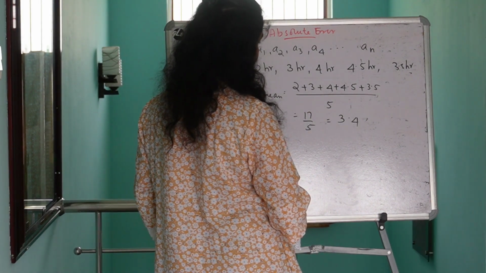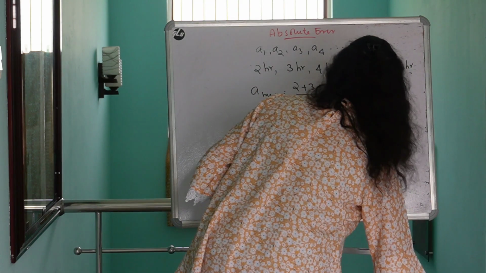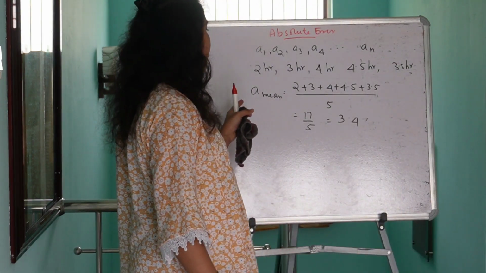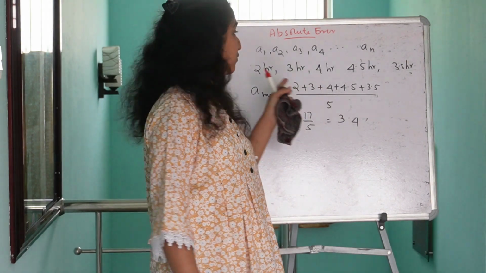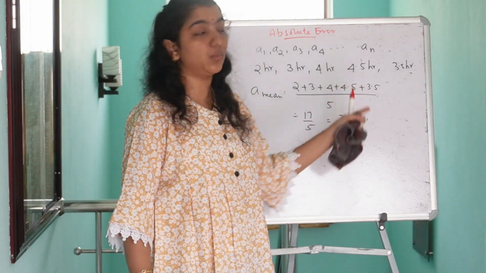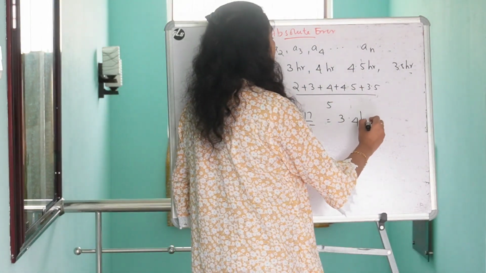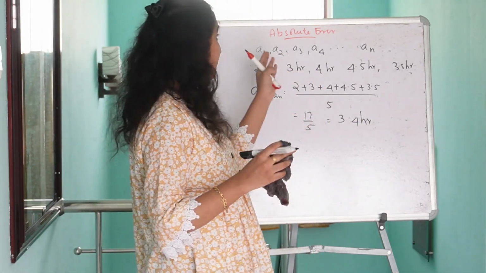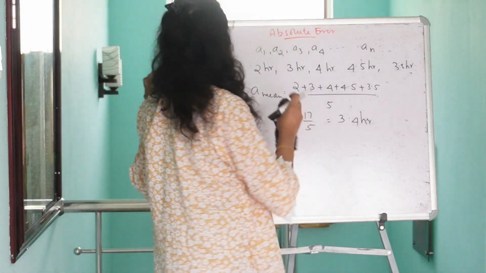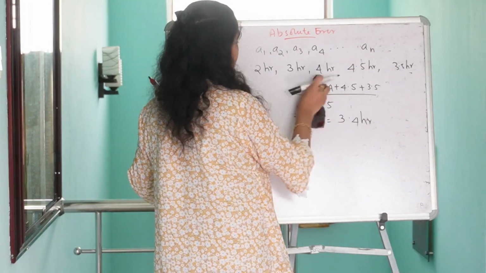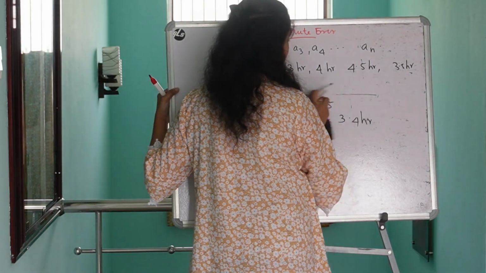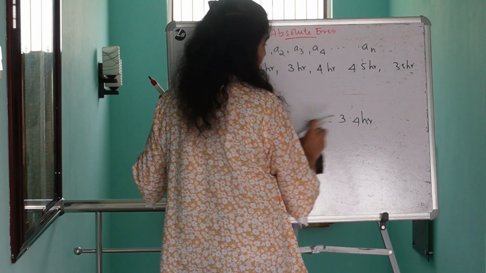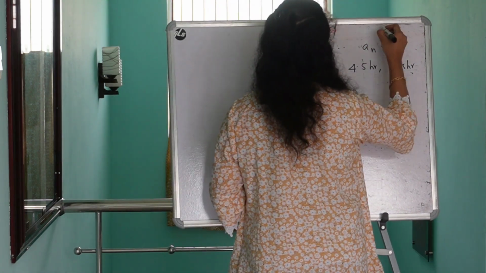Am I right? Yes, 3.4. So the average, or A mean, or the actual value of the physical quantity time, is 3.4 hours. Is it clear? This is the very first step for finding absolute error. So I got the actual value of this particular physical quantity, 3.4 hours.